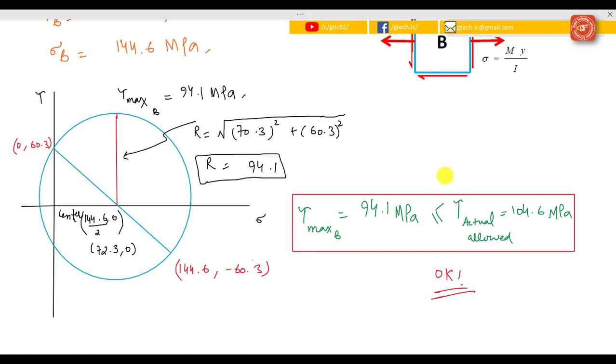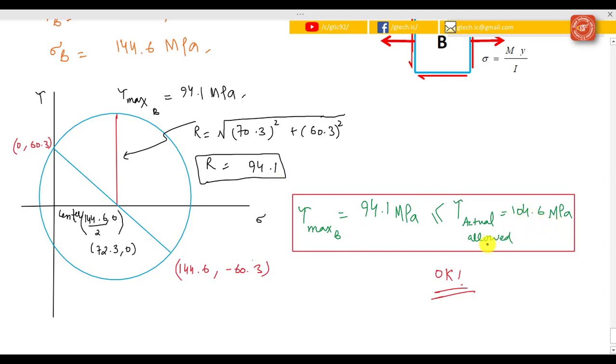Here in my Mohr circle I can find the center, that is 72.3 comma 0, and I can find the radius, and therefore from the radius I know that my maximum shear stress at point B is 94.1 megapascals, and that is less than the allowable shear stress that we are designing for, which was 104.6 megapascals.